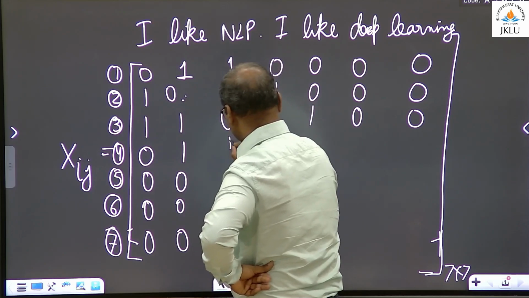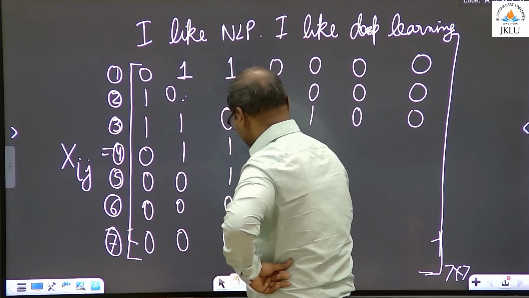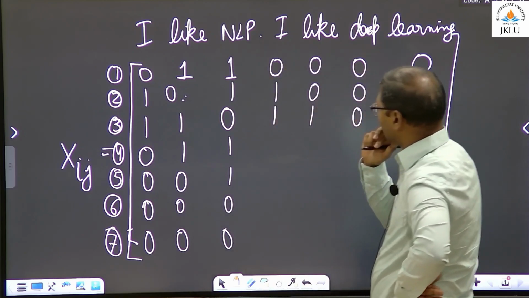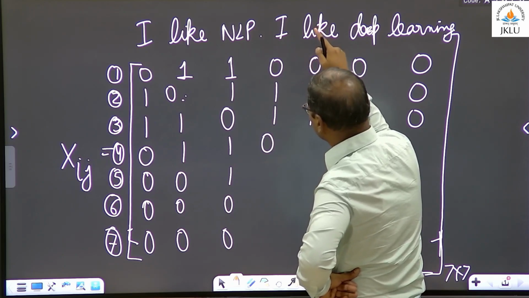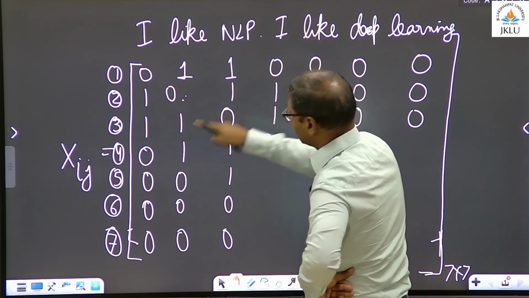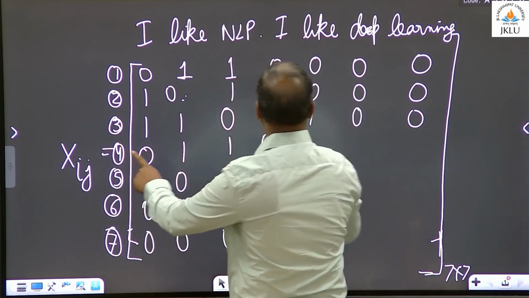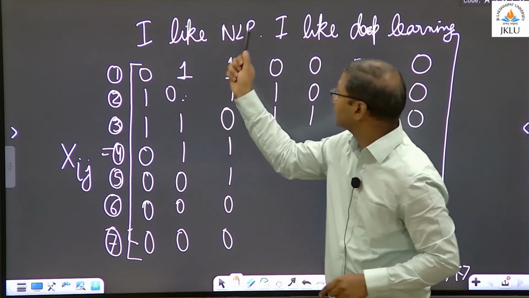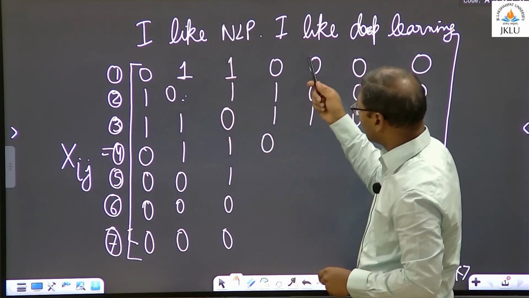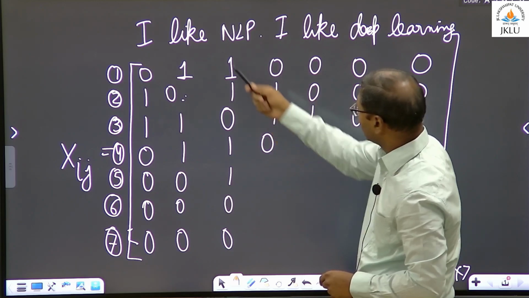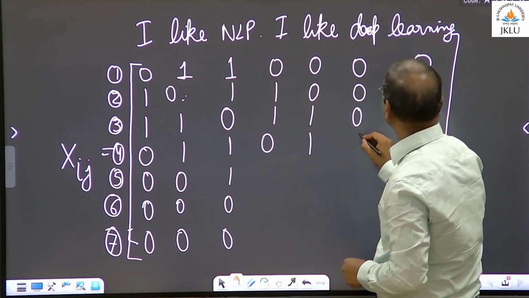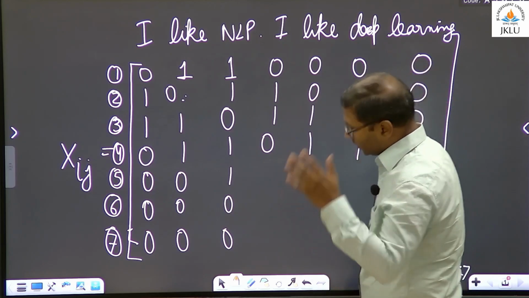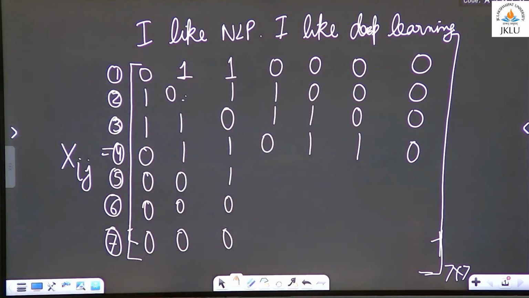And this is 1, 1, 0, 0. What next? I will have a 0 here. Then I again have I. So NLP is gone, third. Okay, what about I again? In the context of like, in the context of NLP, in this context. Yes, I am messing this up.